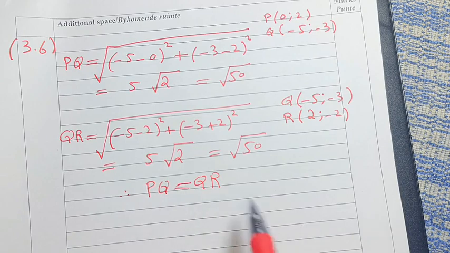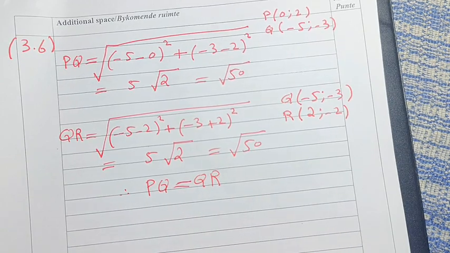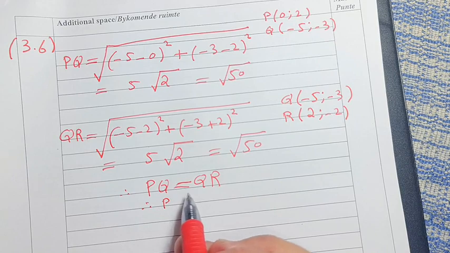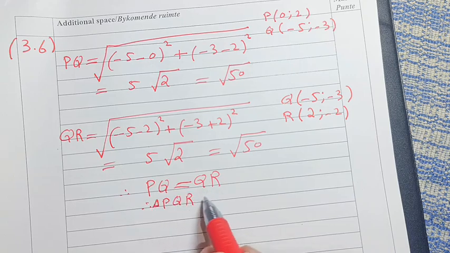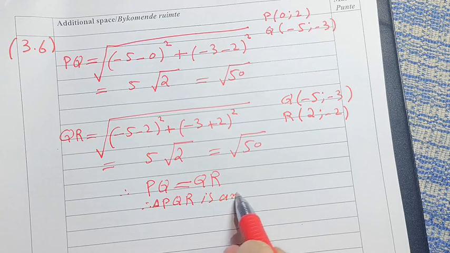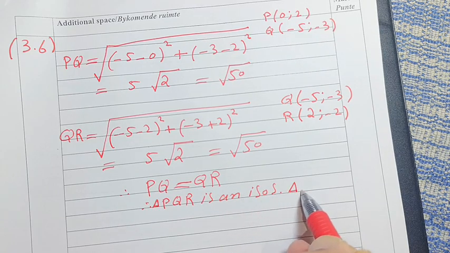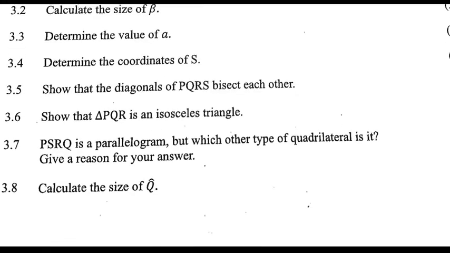Now PQ is equal to QR, so both sides are equal. Therefore, the triangle PQR is an isosceles triangle. Proved.